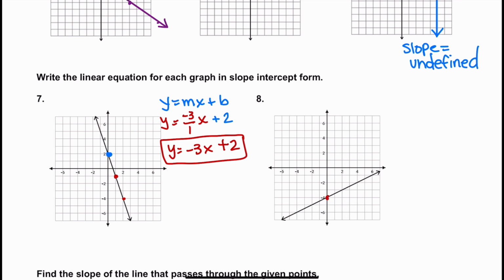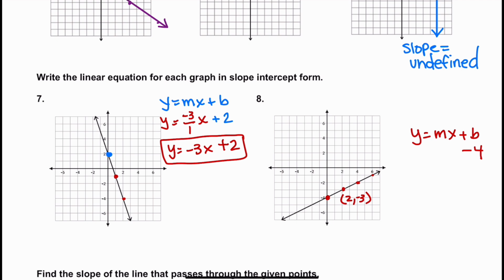Number 8, it's going to be crossing at negative 4. So if I have my y equals mx plus b, my y-intercept, my beginning point is negative 4. Now I'm going to find another point where it's crossing in a perfect coordinate. So this would be 2, negative 3. It's not going to be in a half or anything.